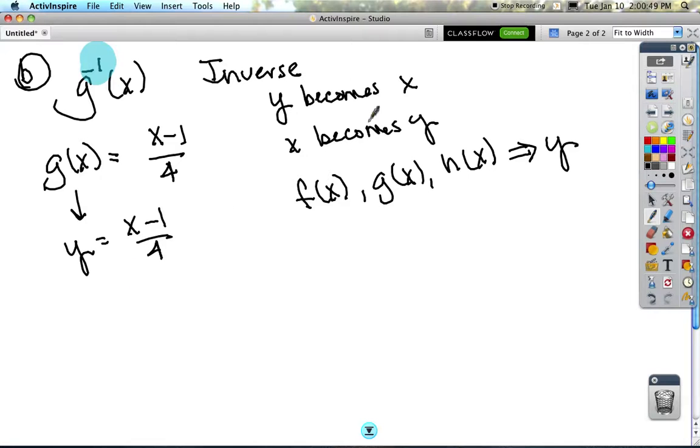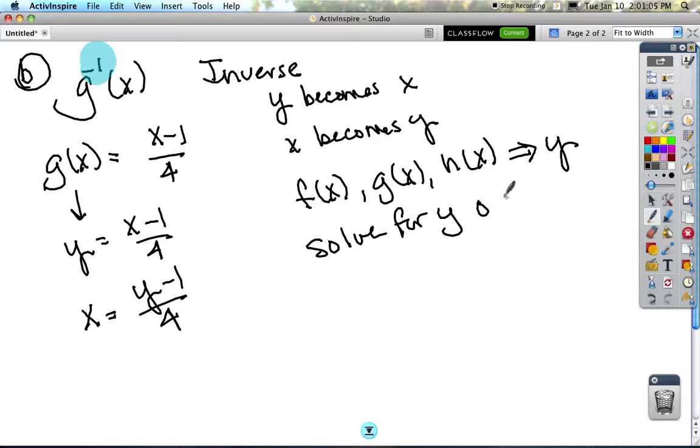So now my y becomes x, and my x becomes y. Now the last thing you do is solve for y, or in other words, get y by itself.